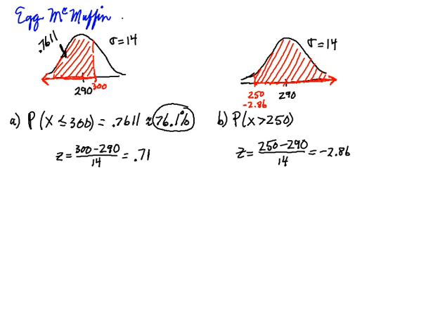So when I look up a negative 2.86 in the table, that is going to be on down to row negative 2.8 and then across to column 0.06. So the table value, I'm going to shade in green here, is 0.0021. Now I want the area above the 250. I want the probability that x is going to be greater than 250.